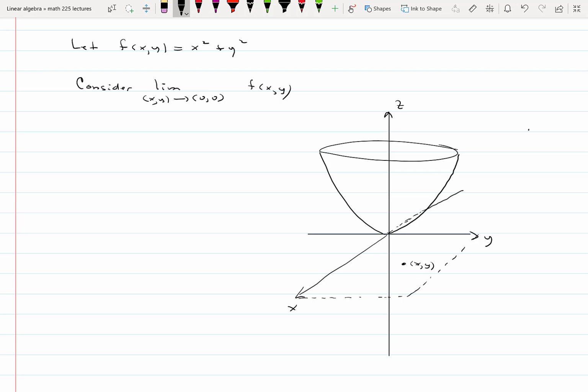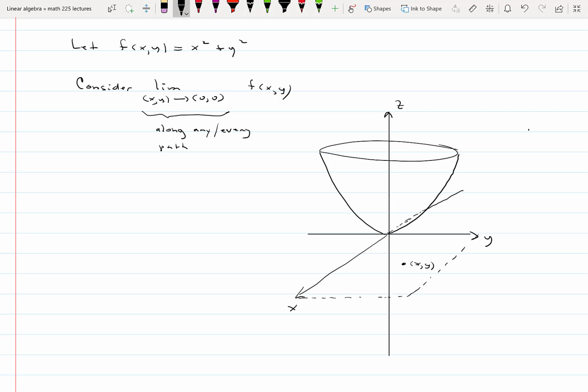I've drawn a little point in quadrant 1, and (x, y) approaching (0, 0) means the point approaches the origin along any and every path that will take you from any point (x, y) to the origin.